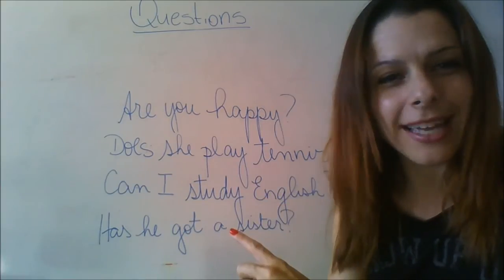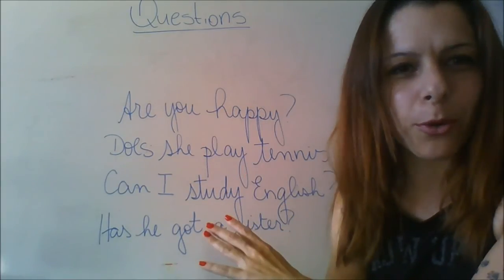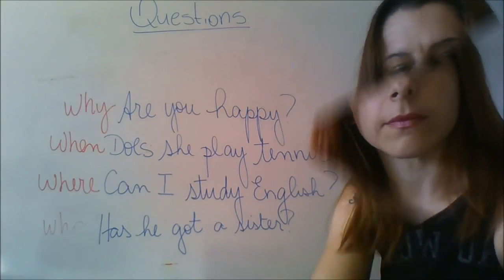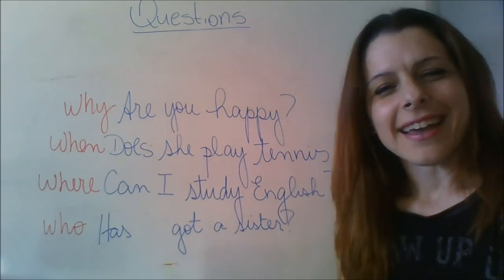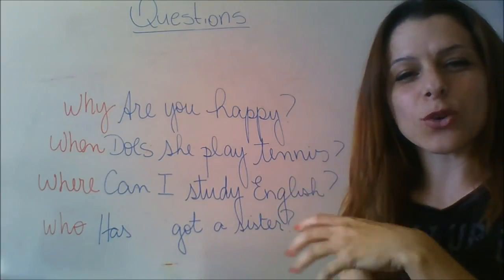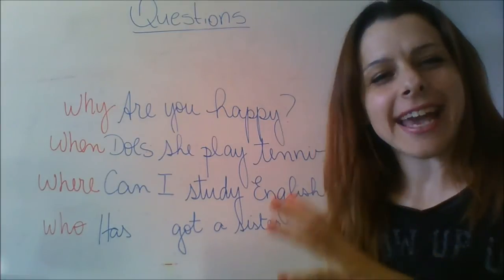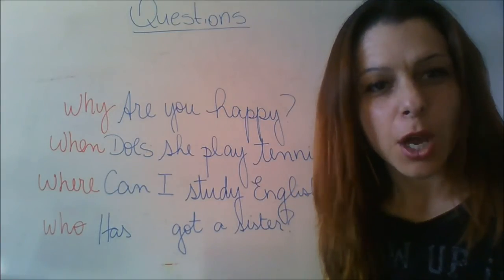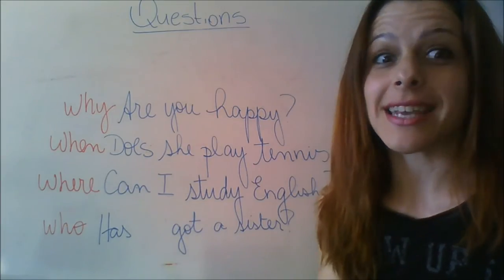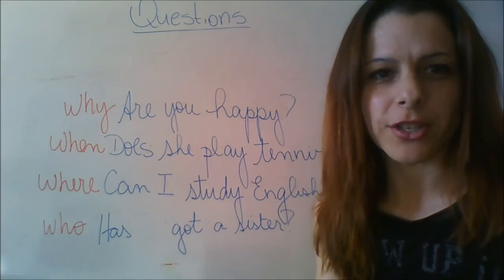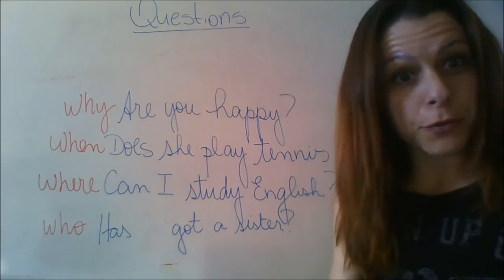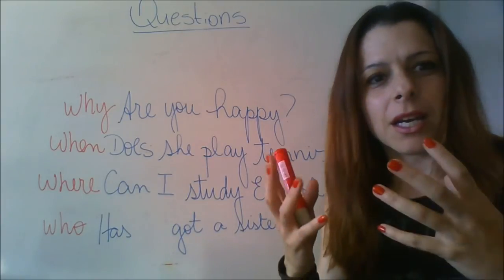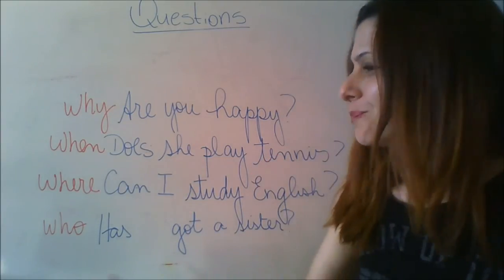Now I'm going to add something on the board. Just a moment. Done. Guys, I transformed yes or no questions into WH questions. So now I don't need yes or no for answers. Now I need pieces of information. I need some real information here.